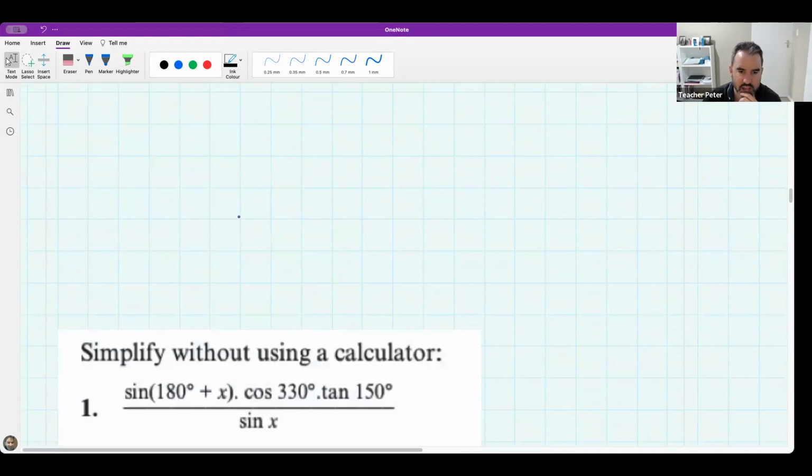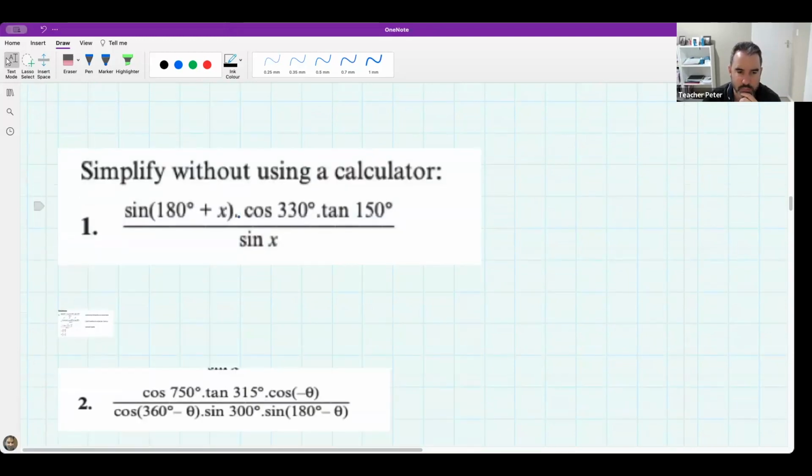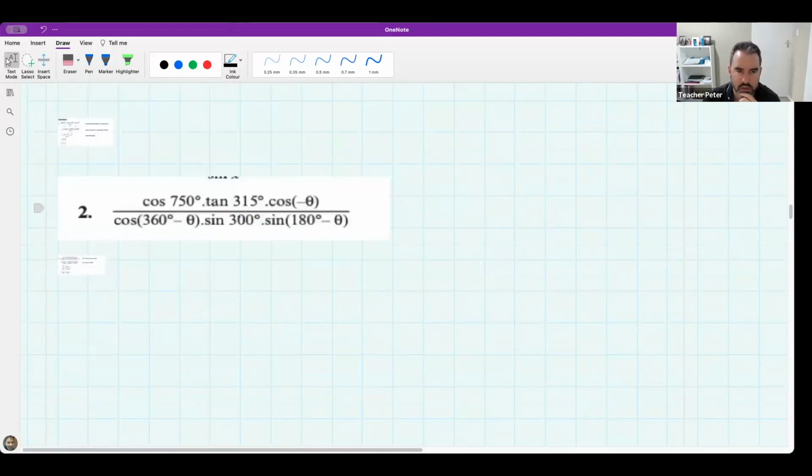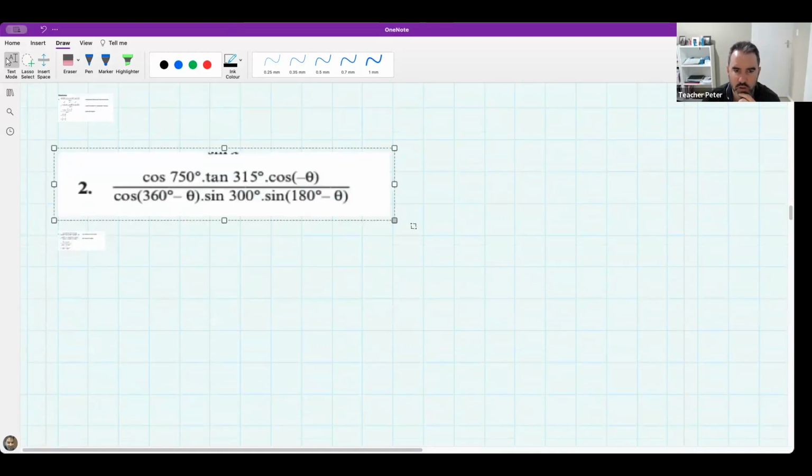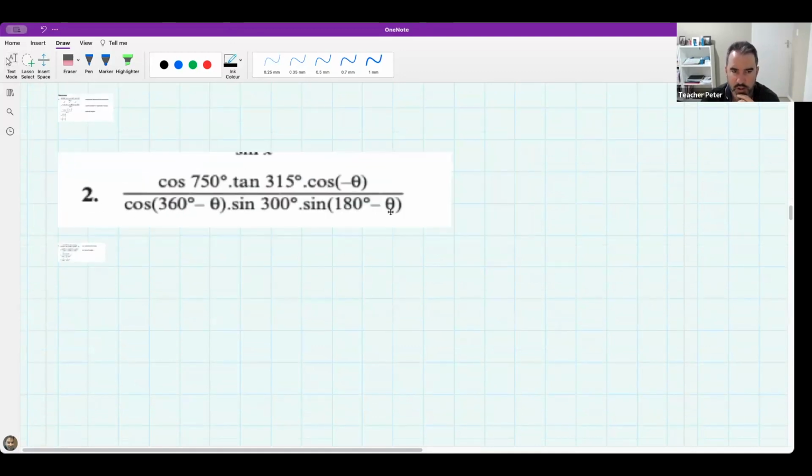Let's have a look at an exam type question. So I want you to start by trying to simplify this top line. You don't have to finish the question. I just want you to try and simplify this.